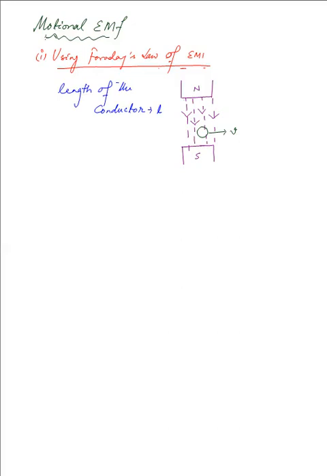Now suppose it moves across a distance dx, that is, it cuts through a distance dx along the direction of motion in time dt. As a result, we have the velocity, which is a constant, equal to dx over dt.